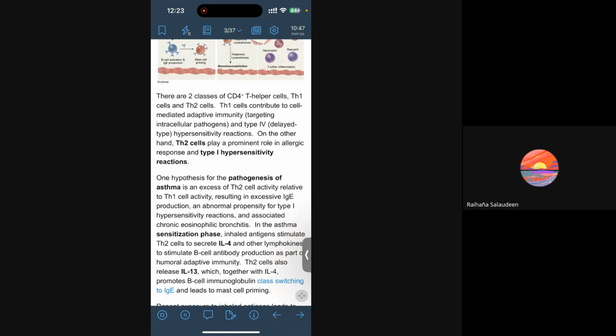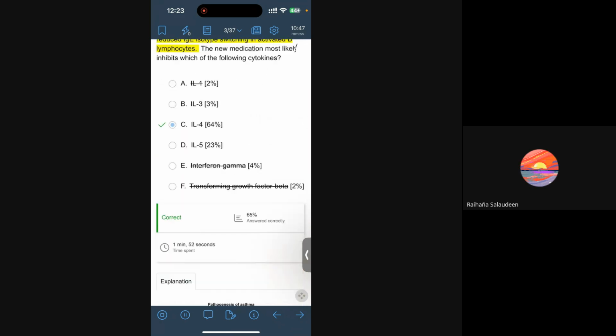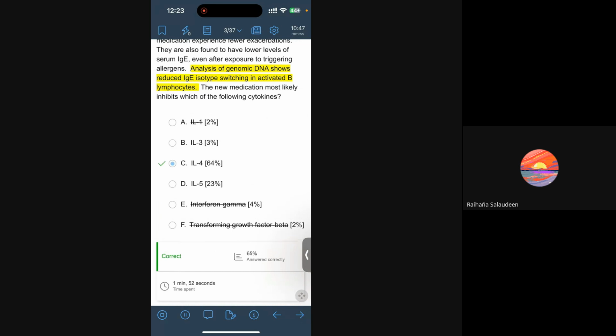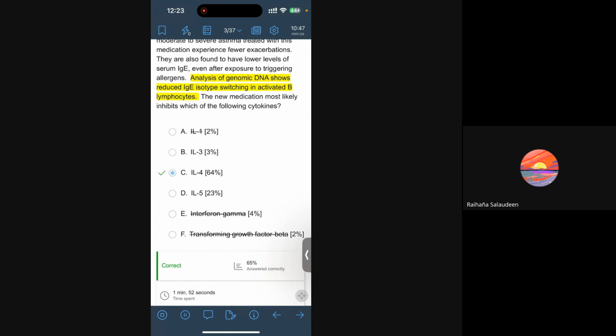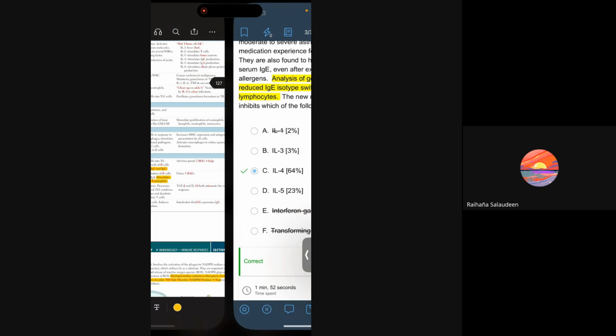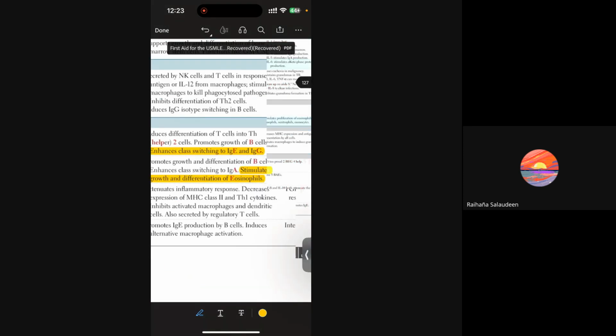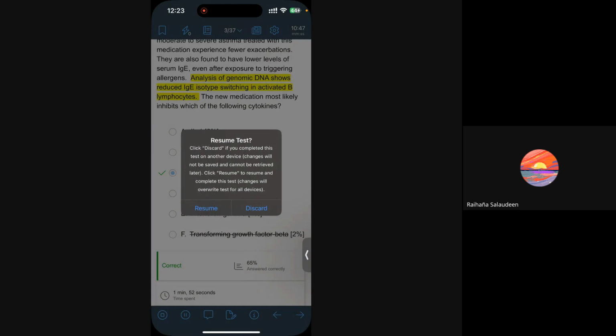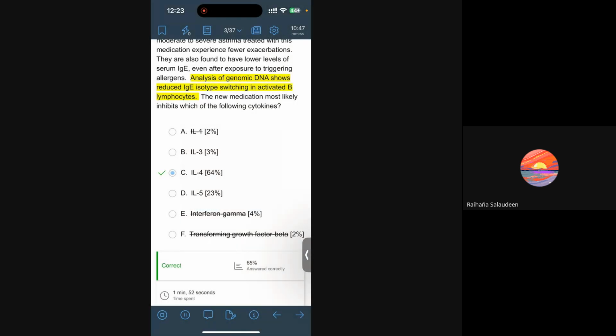But they mentioned that in class switching of IgA, interleukin 5 is involved. It enhanced class switching to IgA, and we are seeing reduced IgE isotope switching.